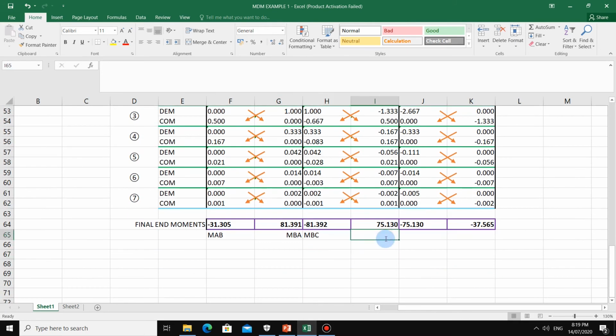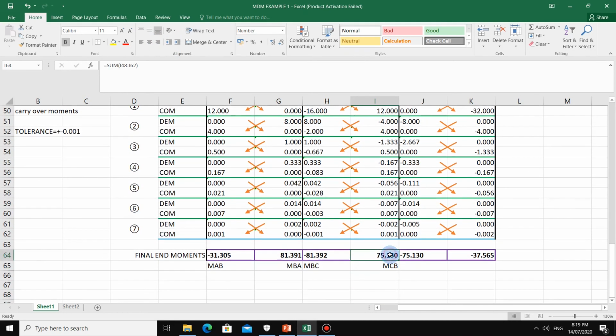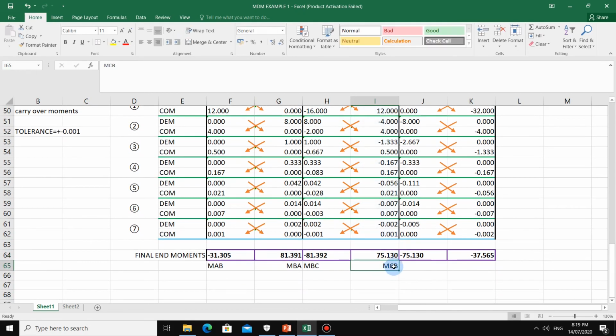So this one is moment CB. Okay, so moment CB. So again, just add everything, guys, the FEM up to the last. So, 75.130. Then MCD. So, MCD is negative 75.130.